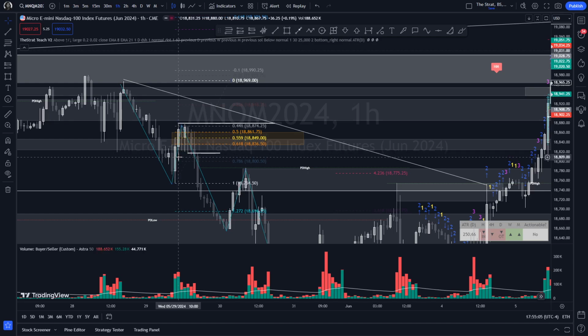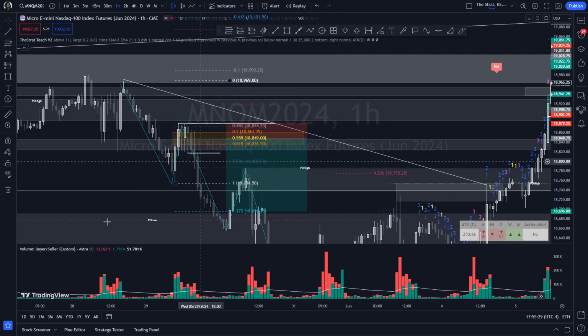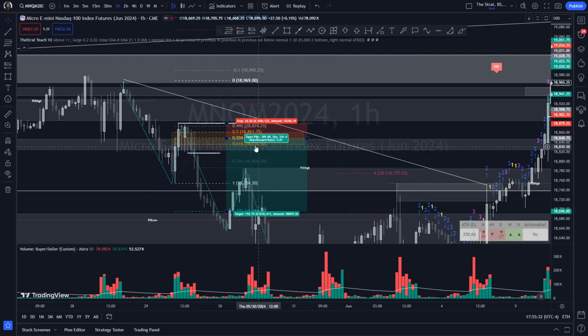You could target this candle here, or you could go off of the fib, targeting from here. I like to set mine again at the 559, and you could put it to where the previous lower high was, and then target the 1.272.